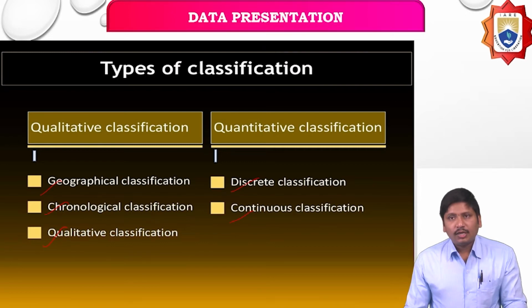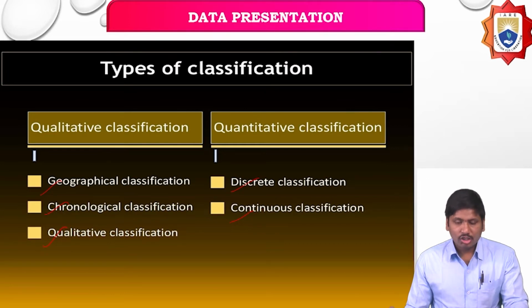So the data is classified into two types, as I said in the previous slide: qualitative classification and quantitative classification.